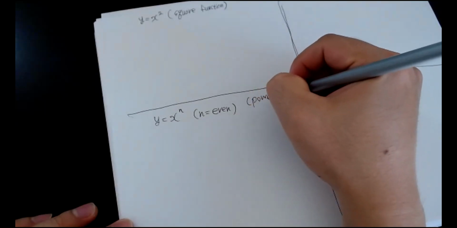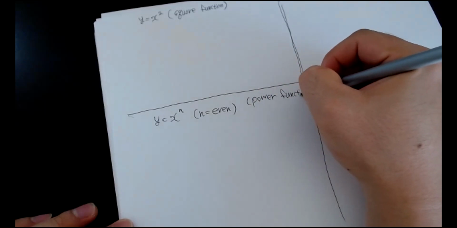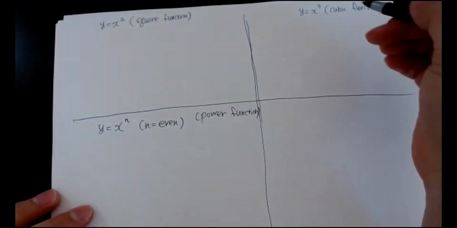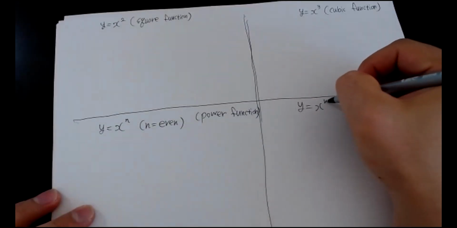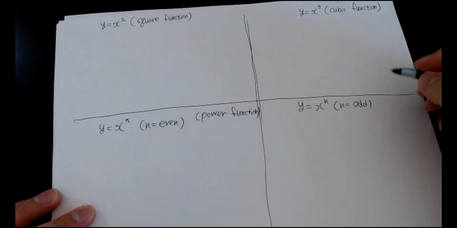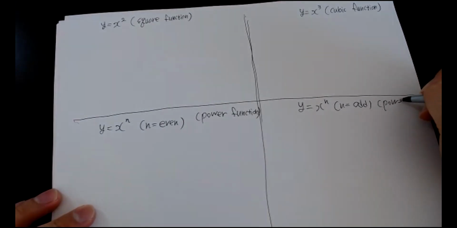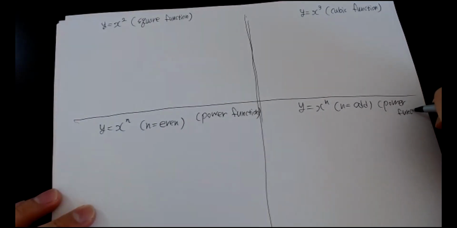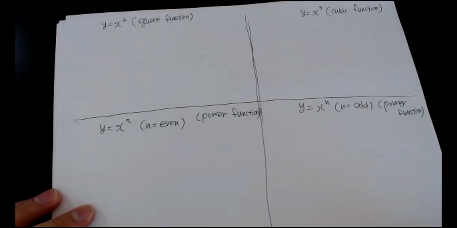And here y equals x to the nth, and n is odd: 3, 5, 7, 9. This is also a power function, but n is odd, not even.